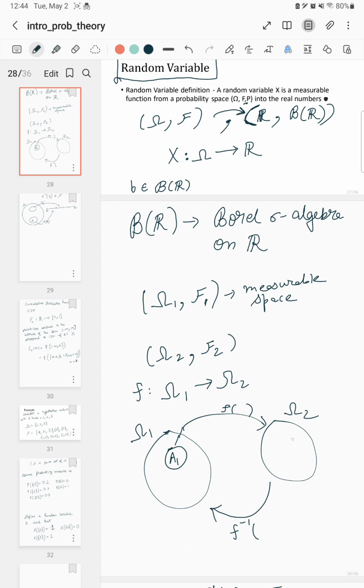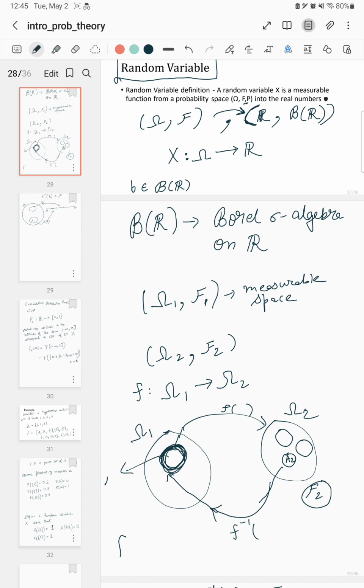Now, for every set present inside F2, which is a sigma algebra on omega 2, if I take any arbitrary set A2 and take the inverse of this A2, it will point to some set in the domain omega 1.